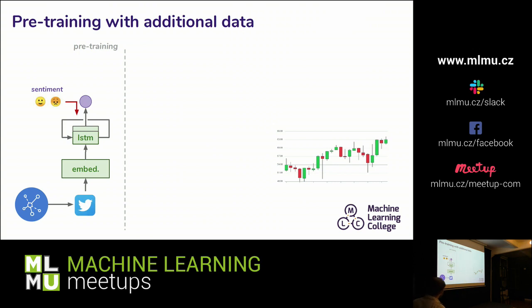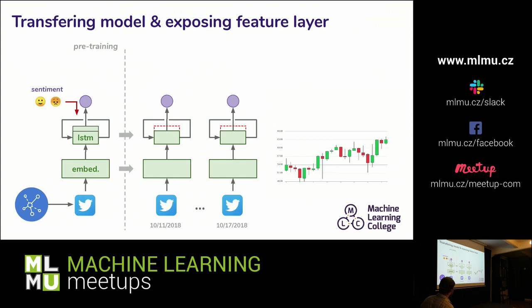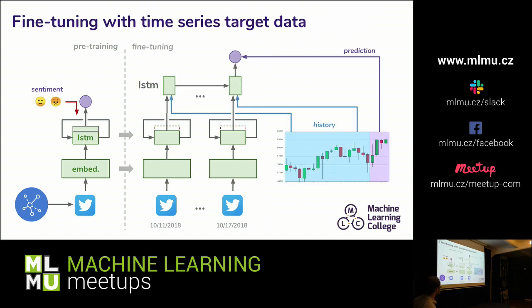Then I will take that trained model and rip off the top layer, because I'm not interested in that binary signal telling me if it's positive or negative. I'm interested in the understanding that needs to be in that model to some degree. That model needs to know how to create those sentiment signals. So I want to reuse that for my target variable, which would be the prediction from the stock market data.